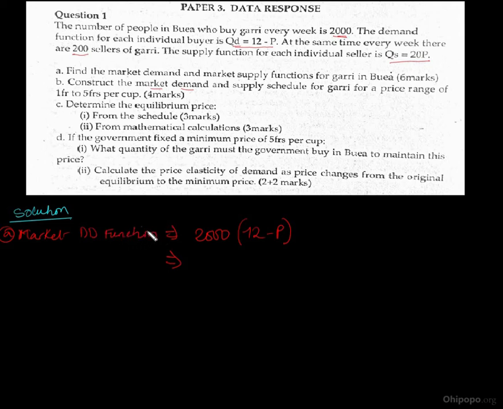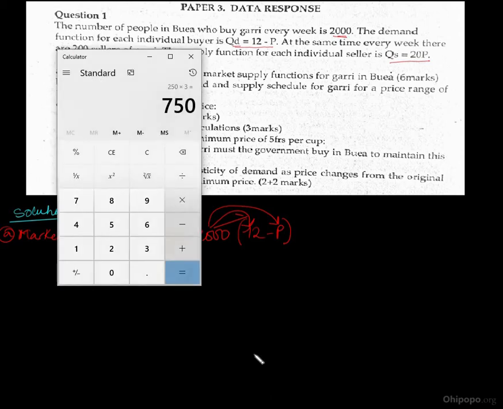The market demand function. So we multiply 2,000 by everything in the bracket. First we multiply 2,000 by 12, and second we multiply 2,000 by P. The first, 2,000 times 12 is equal to 24,000.